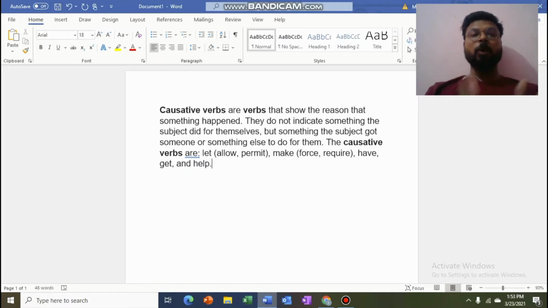So causatives, as you can see in the definition here, are the verbs that show reasons. How do we know that it shows reason? Because the word here is causative verbs. Causative itself means cause. Cause means reason, so causative came out of the word cause.